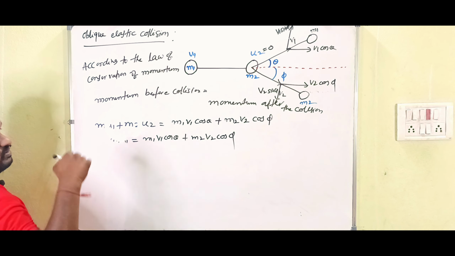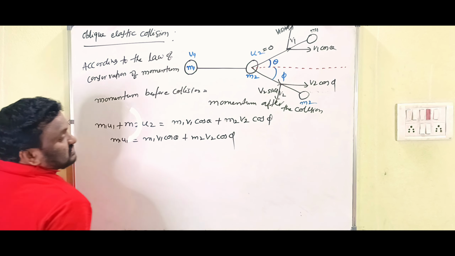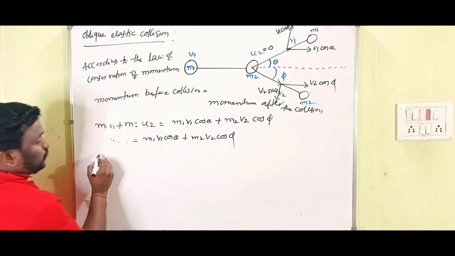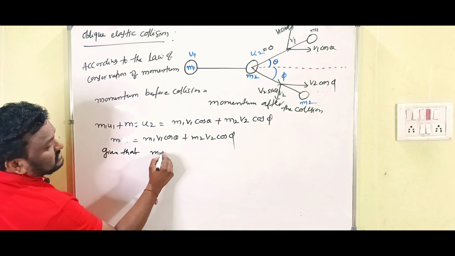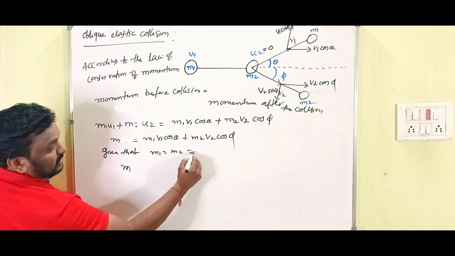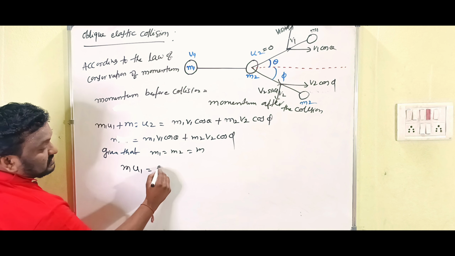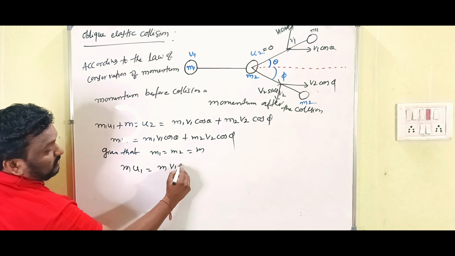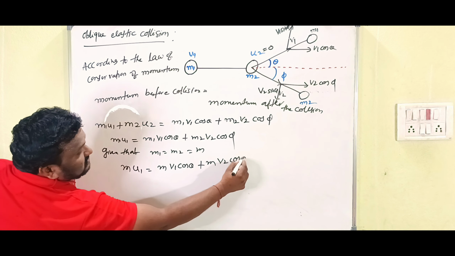And he has given one more clue, that the two bodies are equal in mass. So let m1 equal m2 equal m. Then m u1 is equal to m v1 cos theta plus m v2 cos pi.